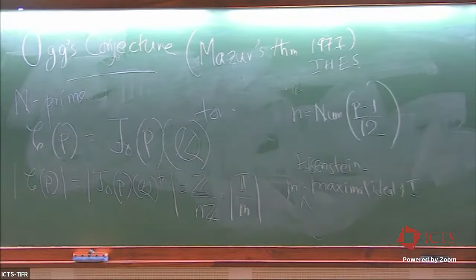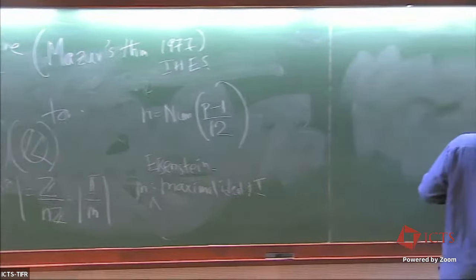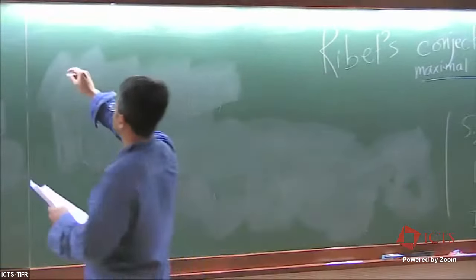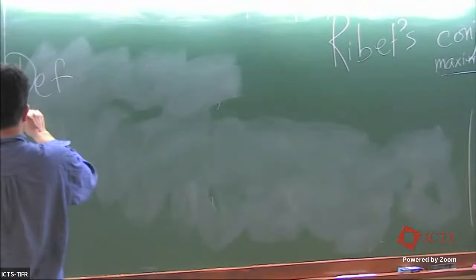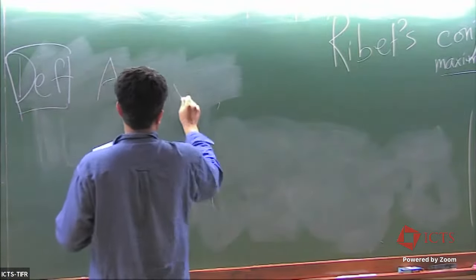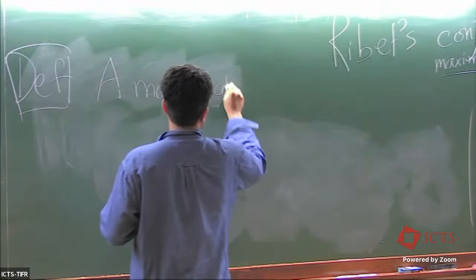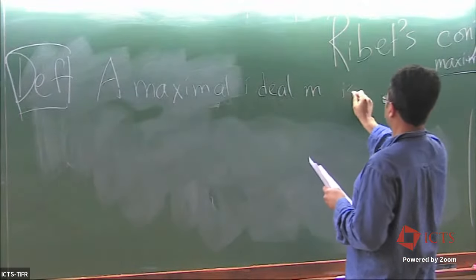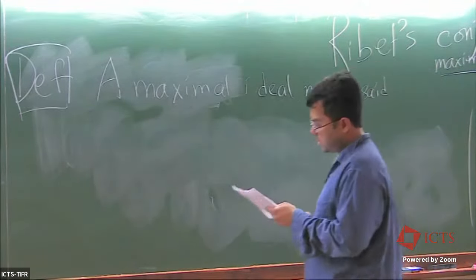Okay, so definition: an ideal M is said to be Eisenstein is like what you expect.